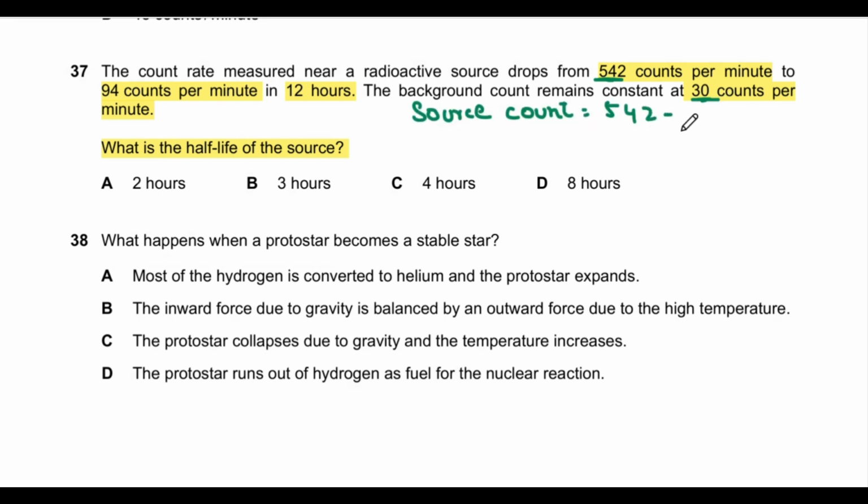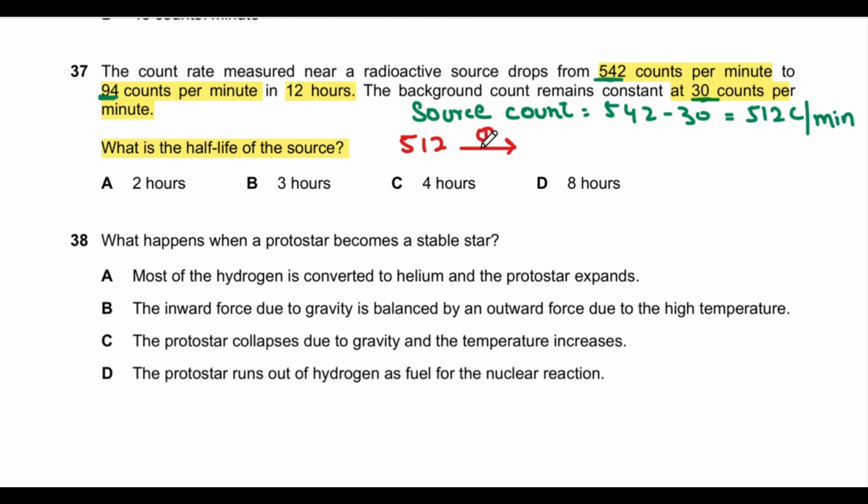So to get the source count only, I'll subtract the background count. 542 minus 30 is 512 counts per minute. That means the source has 512 counts per minute, and this is being reduced to 94 counts per minute in 12 hours. How many half-lives will it take?